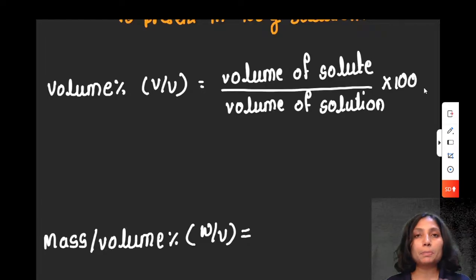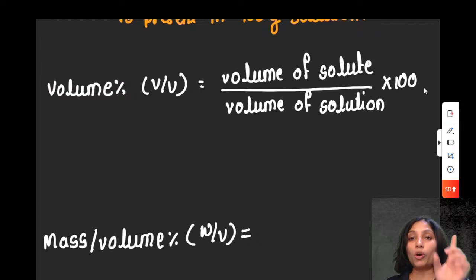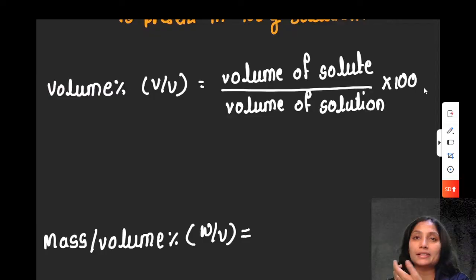Volume percentage is represented by V by V. This indicates how many ml of solute is present in 100 ml solution. That is nothing but volume percentage.